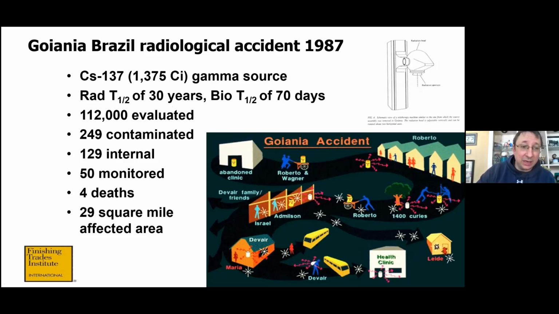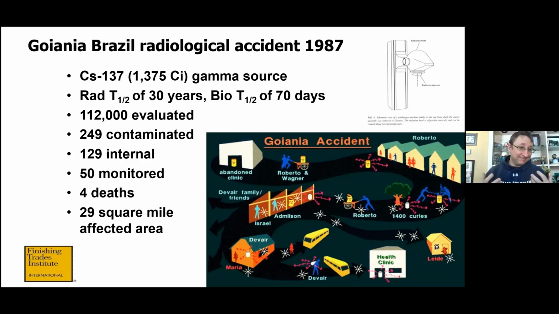They evaluated 112,000 different people, because that's the number of people that they assumed could have come in contact with this contamination. What they found from this evaluation was that 249 people were actually contaminated. And of them, 129 had internal contamination.